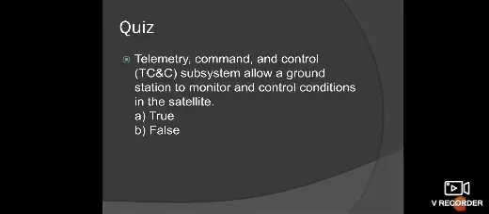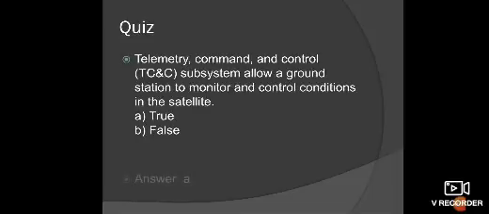Whenever we have satellites, in the satellites we have a number of blocks to be controlled, and we also have a telemetry control subsystem, and that allows a ground station to monitor and control conditions in the satellite. Is it a true statement or a false statement? Please note this question.